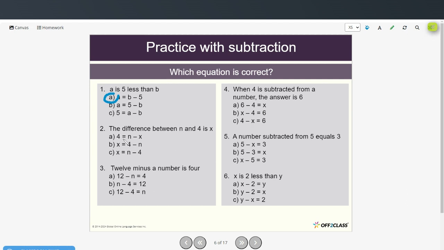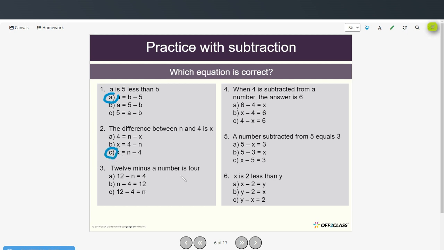So 4 equals n minus x. No, so that wouldn't be correct. X equals 4 minus n, or x equals n minus 4. So it's the difference between n and 4, so x equals n minus 4, letter C.